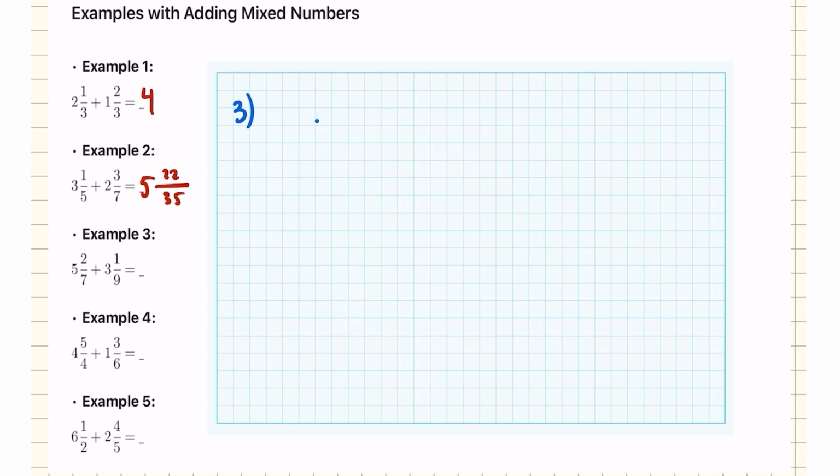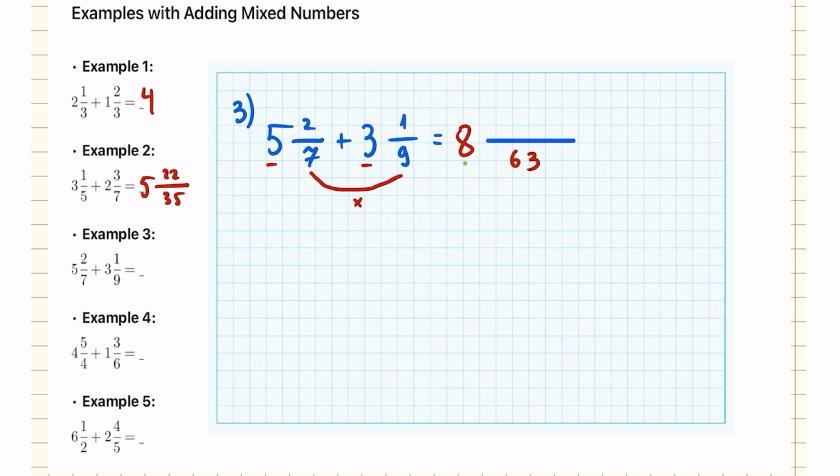Now, the third one. We have 5 and 2 over 7 plus 3 and 1 over 9. Usually, we add the whole numbers, 5 and 3, and we get 8. Then we see that we have different denominators, so we have to multiply them. 7 times 9 is 63, and then multiplying numbers by cross: 2 times 9 plus, now the second pair, 7 times 1.